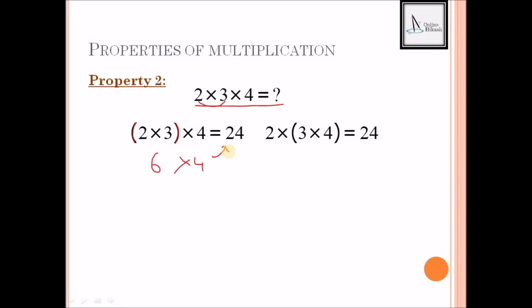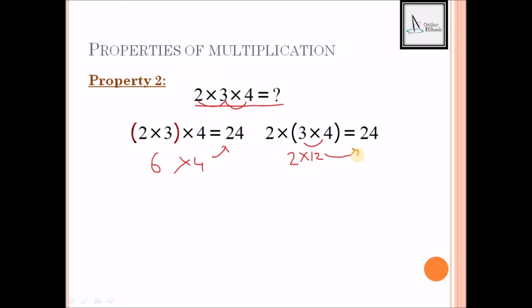Another person, what will he do? He will first multiply 3 and 4. If you multiply 3 and 4, then 3 fours are 12, and the number he did not use earlier, this 2, he will multiply with that product. That means 2 into 12. 2 into 12 is the same answer, that is 24. In both cases we are getting the same product, though we are grouping differently.